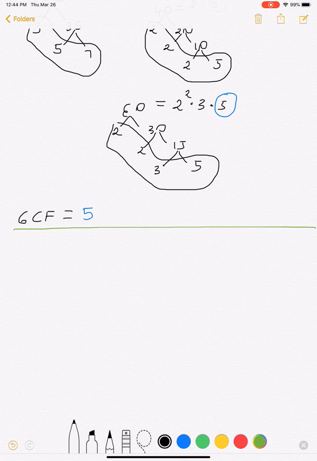Identifying greatest common factor. So this is example 2. Find the GCF among from each group.